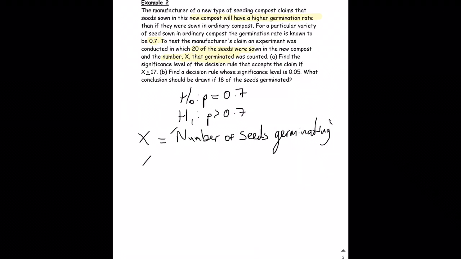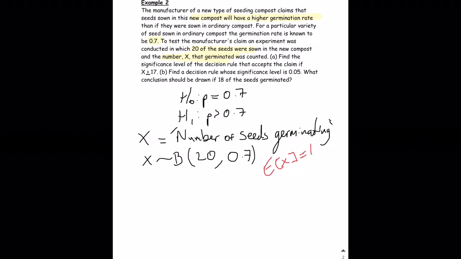And that would have a binomial distribution because n is 20, we're planting 20, and usually under regular conditions 70% germinate. So I would expect in regular compost 14 to germinate, 70% of 20.